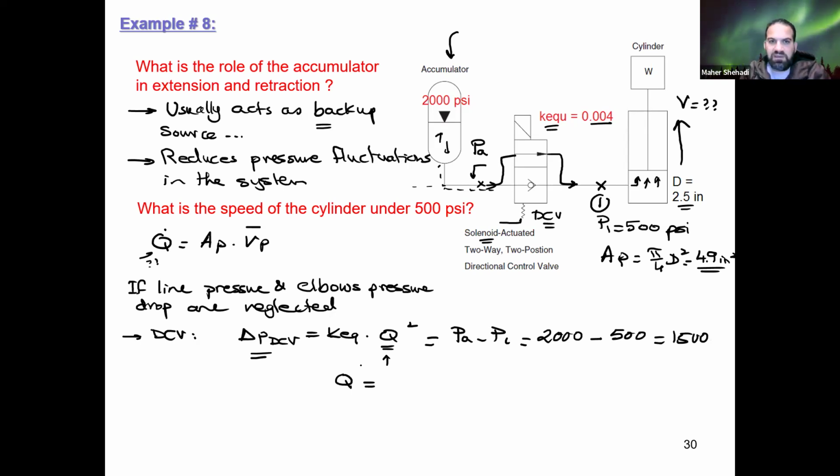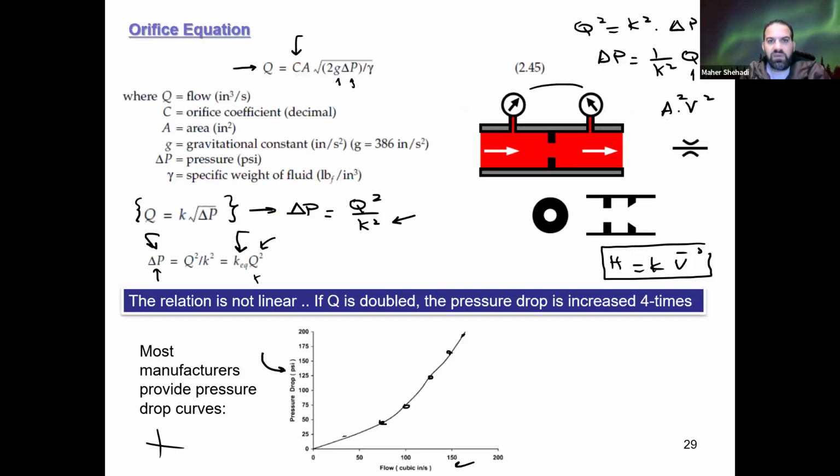Before we move, we have to check the units. Actually, they didn't give us the units for K equivalent in that example, but let me check. The units here, where is Q? The first one, cubic inch per second. Okay.